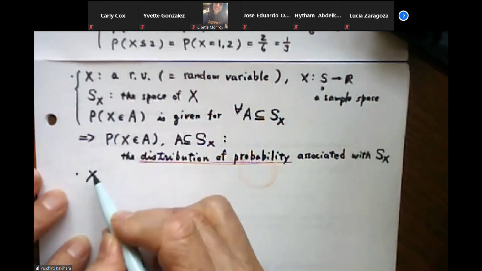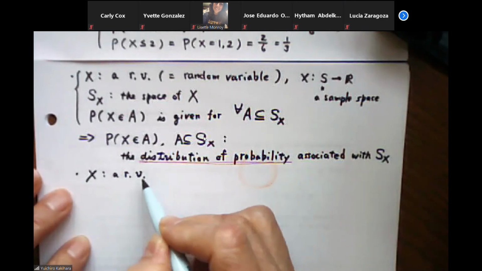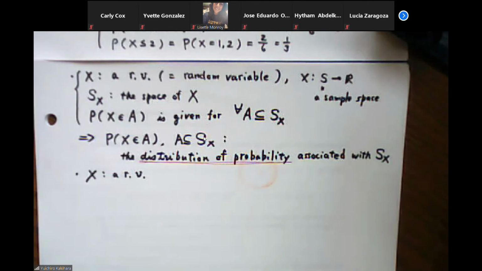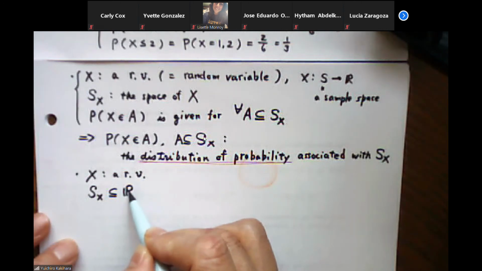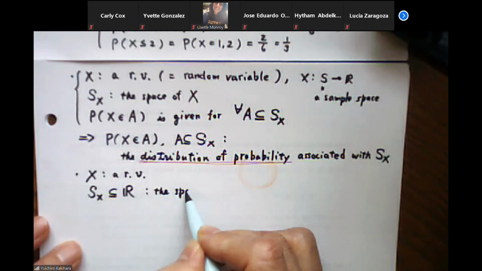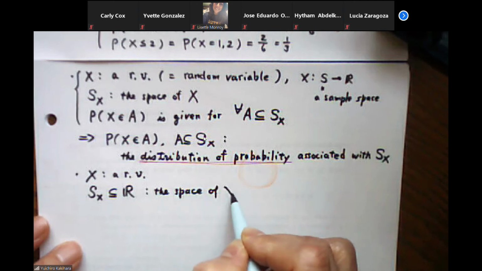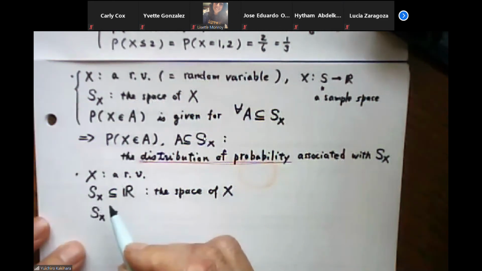And S sub X, this is a subset of real numbers, the space of X. Again, S sub X consists of a countable number of points.